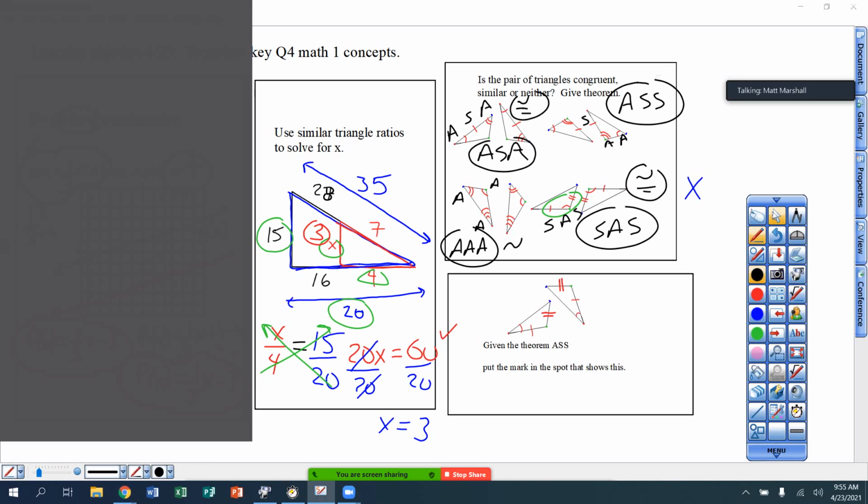And then for this one, which I kind of jumped the gun, so I didn't erase this. We're giving you the theorem in 2 parts and wanting you to put another part to make it match that. So for this, if I'm telling you this is SSA and I give you an angle and a side, we want you to put a mark on there to make it S. So you would not put the mark right here because that would be side, angle, side.